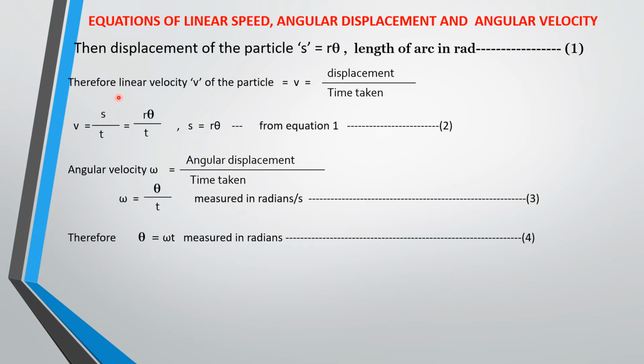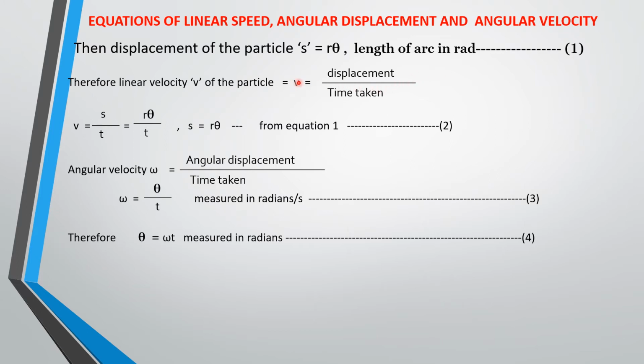Then from your normal linear motion, you know that speed or velocity is equal to displacement all over time taken. In linear motion, we've treated that already. So velocity is displacement over time. So this is your linear velocity.